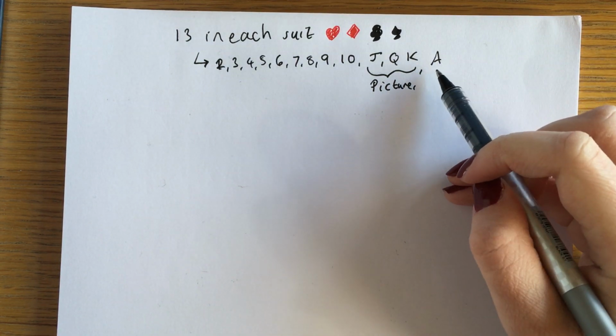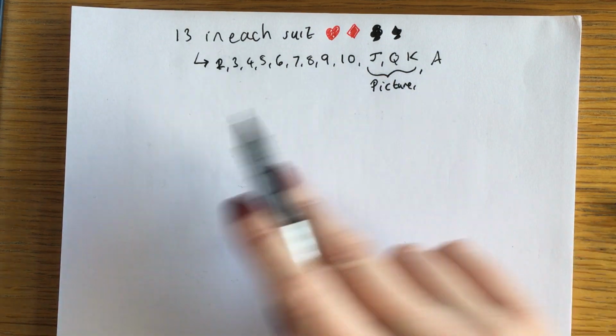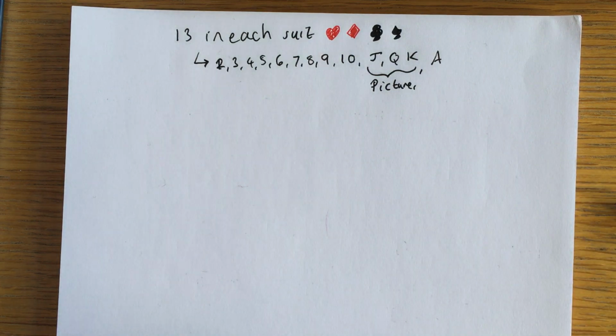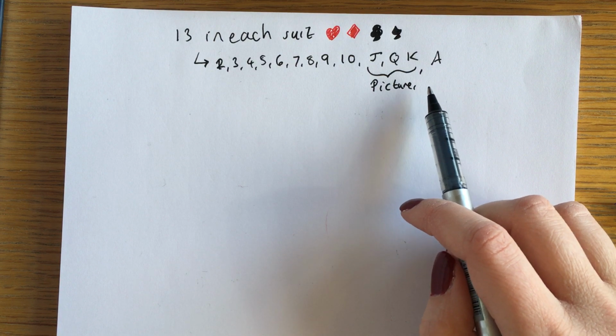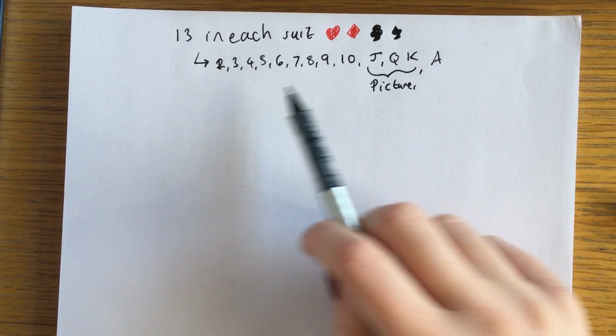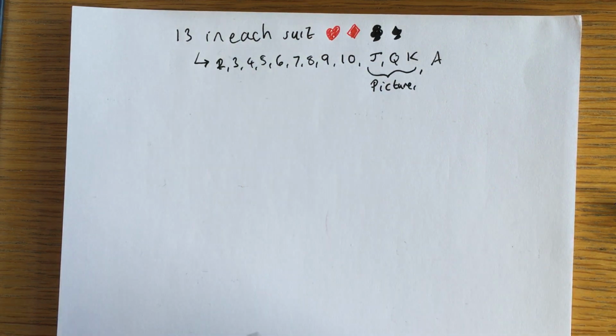Ace, just in case you want to know, can be played either low or high, depending on what you need it for. Quite often a lot of games play it as high rather than as 1. Crib uses it as 1 actually, but it is just something that is useful for you to know. So there's 4 of every single one of these across the whole cards.